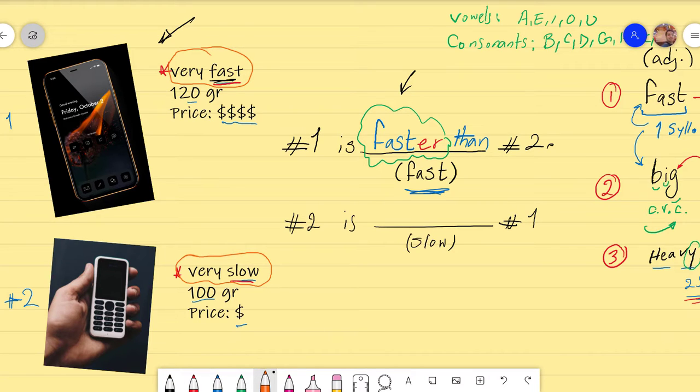So slow is 1 syllable and we add ER. So we say number 2 is slower than number 1.